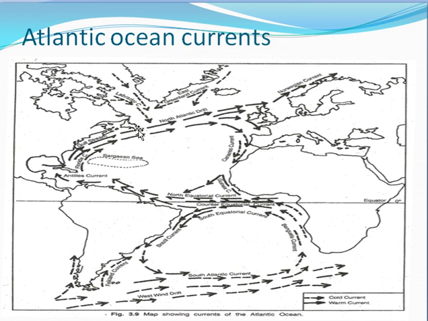One more thing you have to observe here: when the Labrador cold current and the Gulf Stream warm current come into contact, they form fog here, because you know very well that when warm currents pass above cold currents, usually fog will be formed.